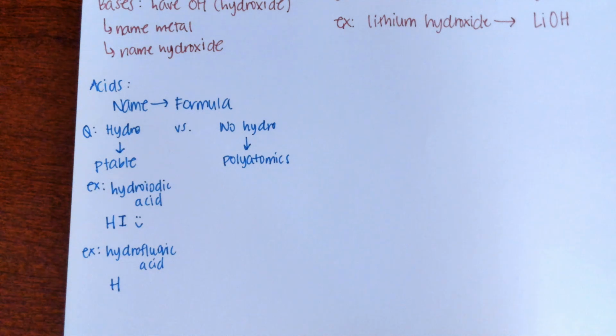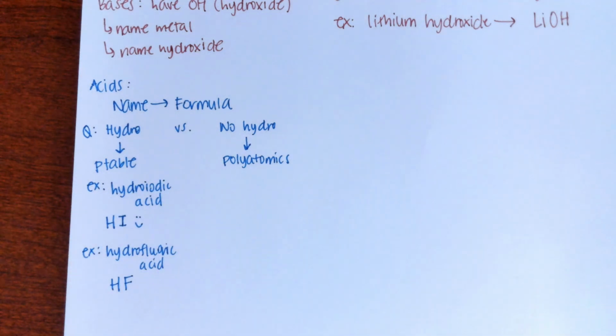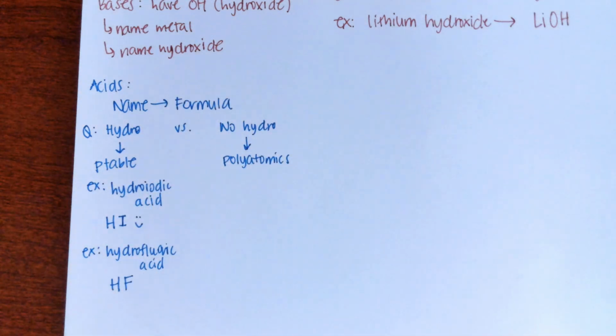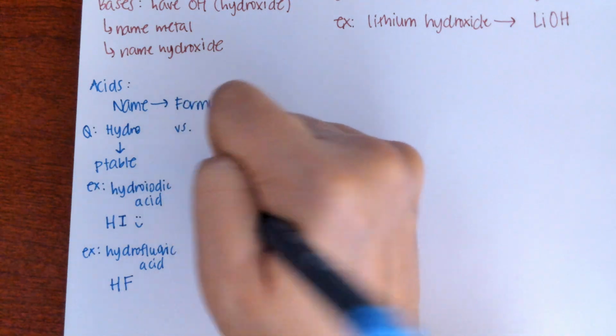H, HF. And that's it, because +1 -1. Alright, any questions on periodic table hydro naming? You good? Alrighty. The polyatomics.